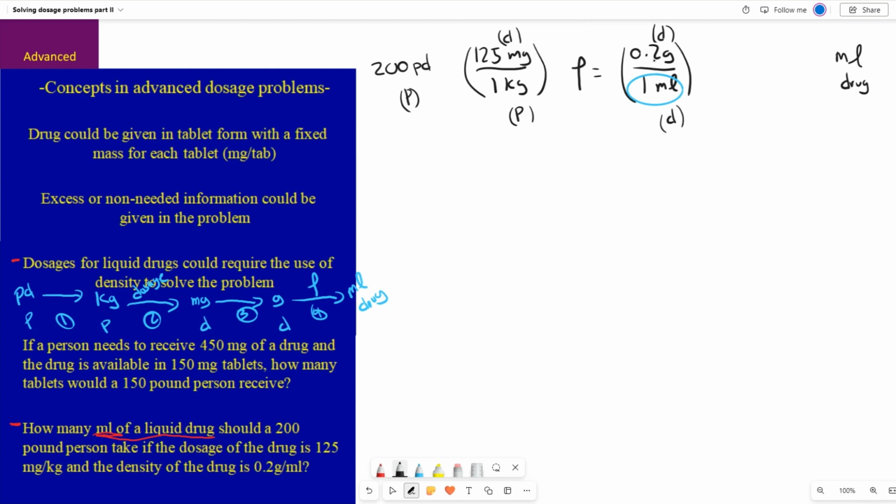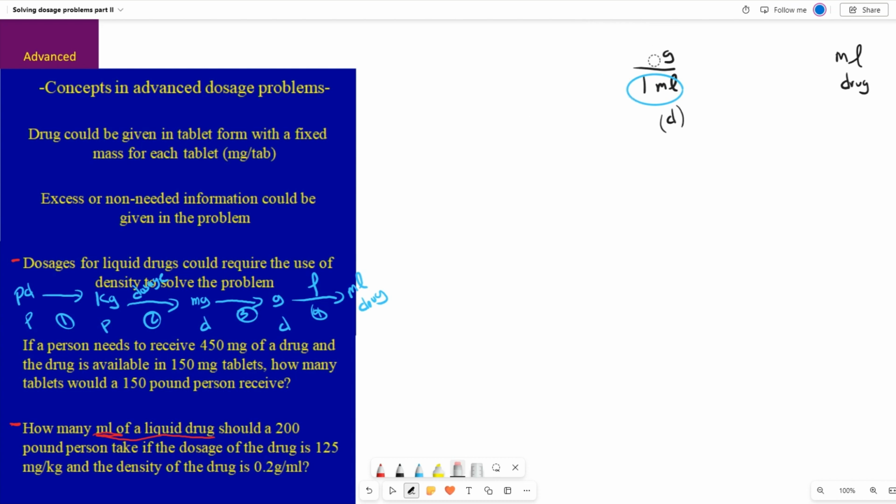So let's start off with the pounds of person here and converting his mass from pounds into kilograms. So we have 200 pounds. Put pounds on the bottom to cancel out, kilograms on the top. 2.2 pounds per 1 kilogram.